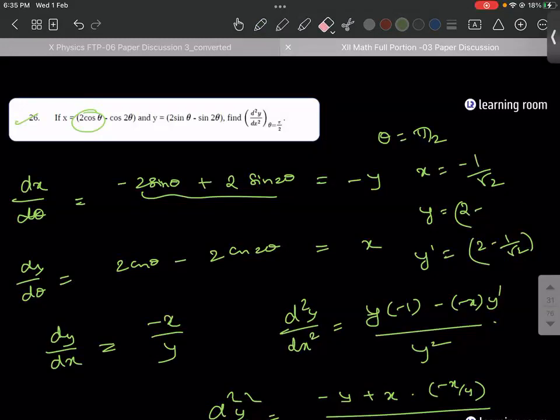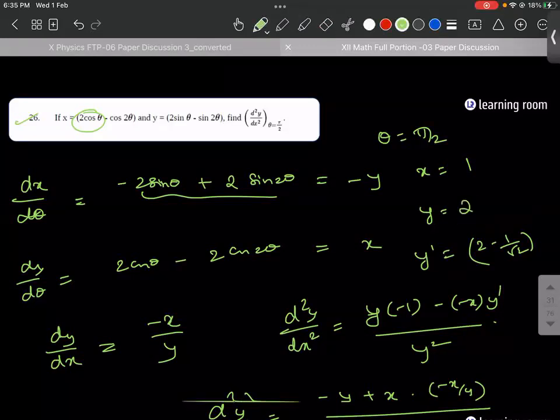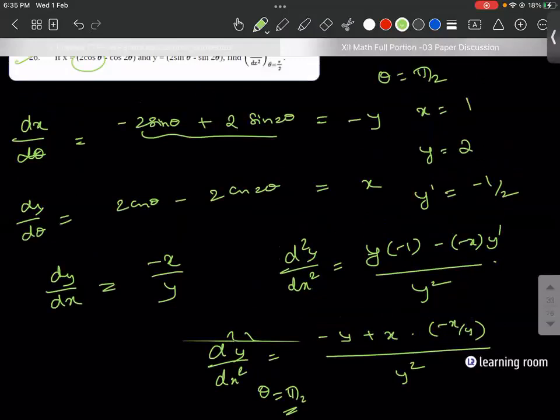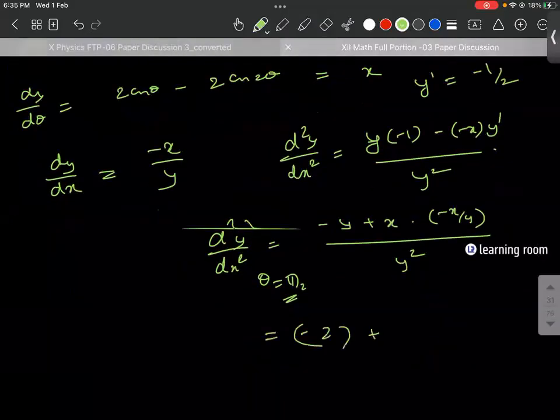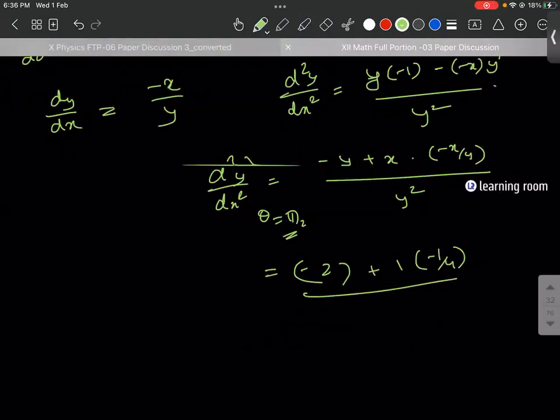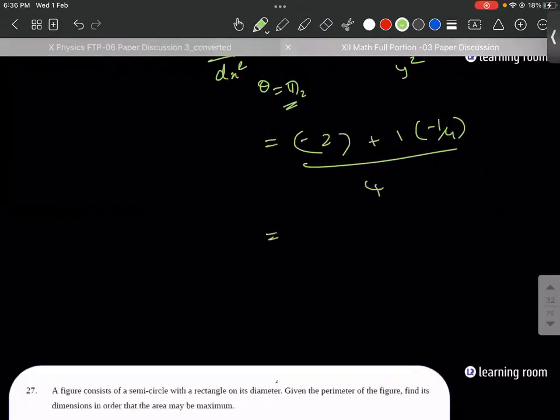Then this should also be cos pi, no? Then this will be plus 1. Correct? Yes, sir. So this will be 2. Then what about y dash? y dash will be minus half. Can you substitute all these values and tell me? So y is 2. So minus 2 plus x is 1 into minus 1 by 4, divided by y square. y square is 4. So minus 2 plus 1 by 4 by 4. So how much is it? Minus 8 plus 1.